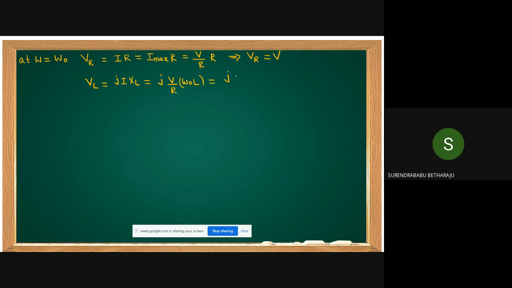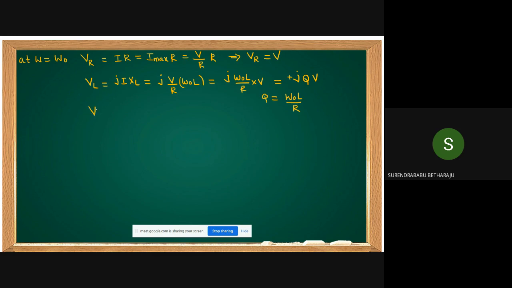J into omega naught into L by R into V. Then how can we write this one? J omega naught L by R is Q, that is Q into V. This is plus J Q V, where Q equal to quality factor, omega naught into L by R.